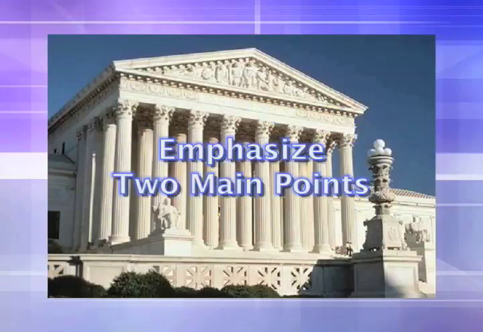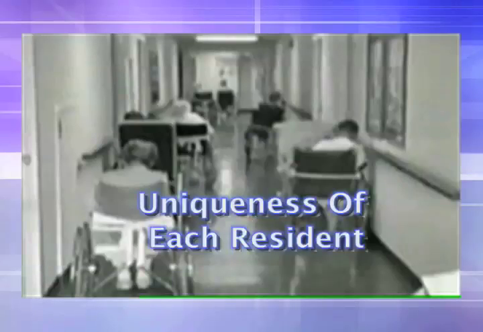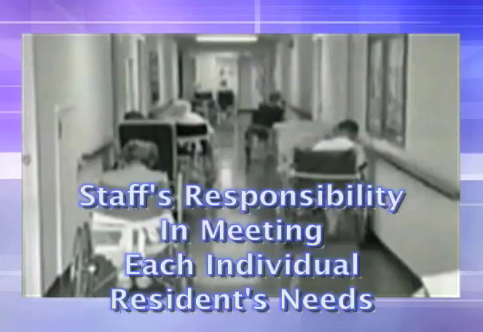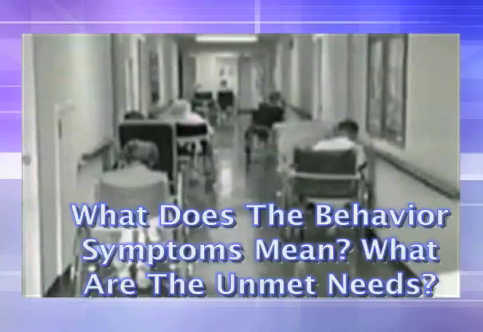The assessment and care plan should emphasize 2 main points: the uniqueness of each resident and the staff's responsibility in meeting each individual resident's needs. With these points as the focus, the question can be framed: what does the behavior symptom mean?